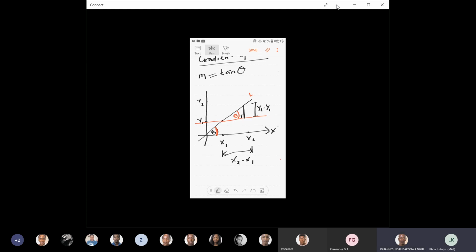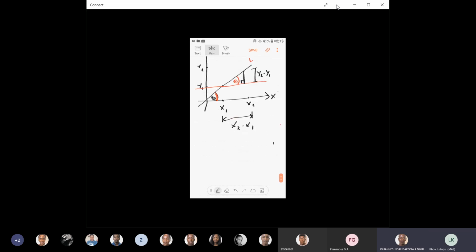Now if I wanted to work out this angle theta over here, I use my SOH CAH TOA. I have the adjacent and I have the opposite. So this is the adjacent and this one is the opposite. So obviously I have to use tan. So I will say tan of theta.